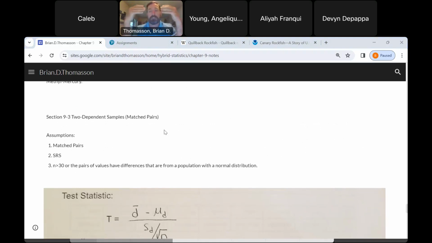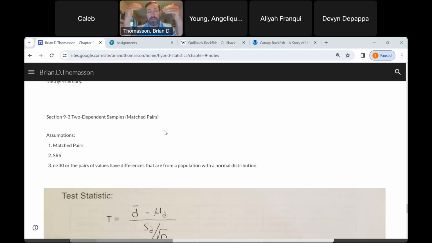In the last problem we looked at two different groups of fish, the canary and the quillback, and those are independent because they're two different species of fish, and they have their own lives, swimming around and eating shrimp, and how they live is different. So those two different groups are not related.